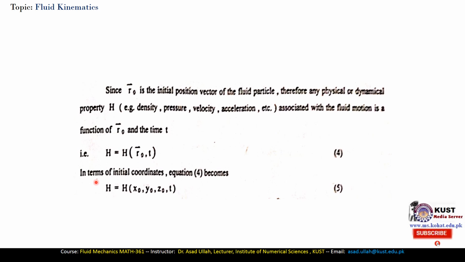Equation number 4 can also be written in the form of equation 5. We have just replaced the position vector r0 by its components x0, y0 and z0. Now we have replaced the velocity component v by a general physical or dynamical quantity h to generalize the Lagrangian method of specification.